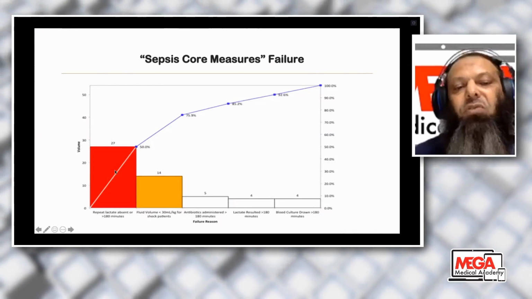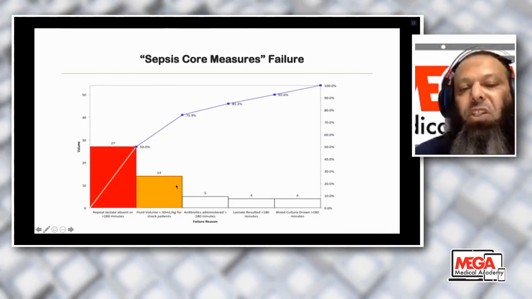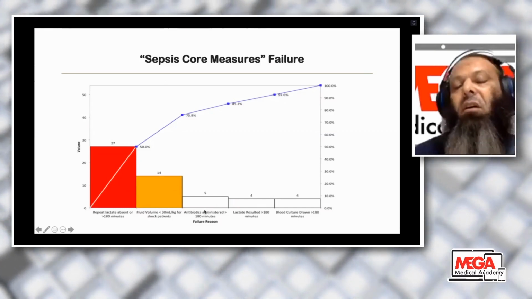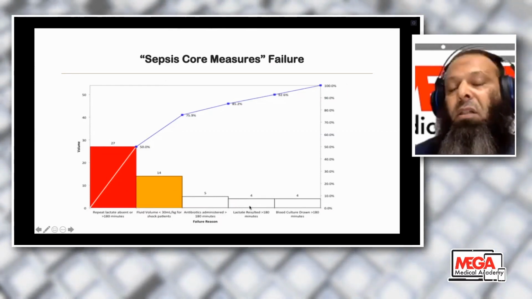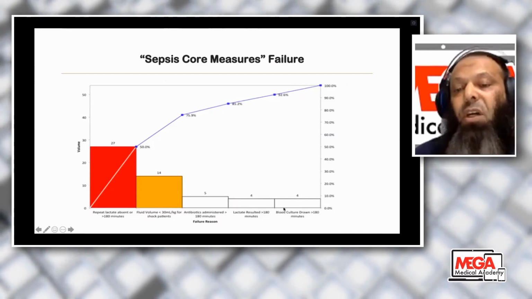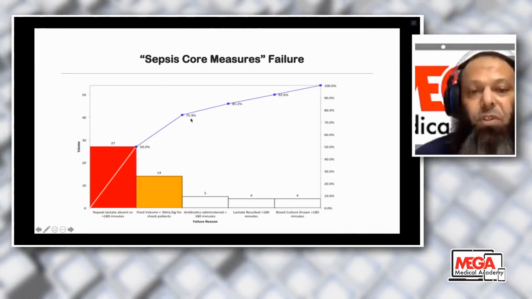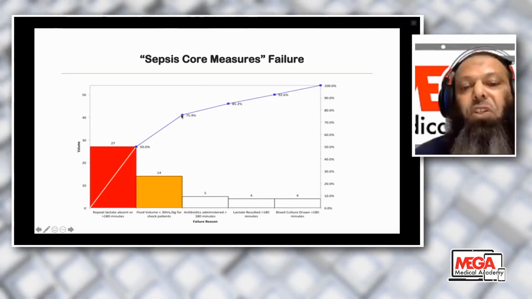Here is the lactate measurement repetition. Here is the fluid administration less than 30, antibiotic administration more than 2 hours, lactate result in more than 3 hours, blood culture drawn more than 3 hours. So this is the failure analysis of the sepsis score measures.